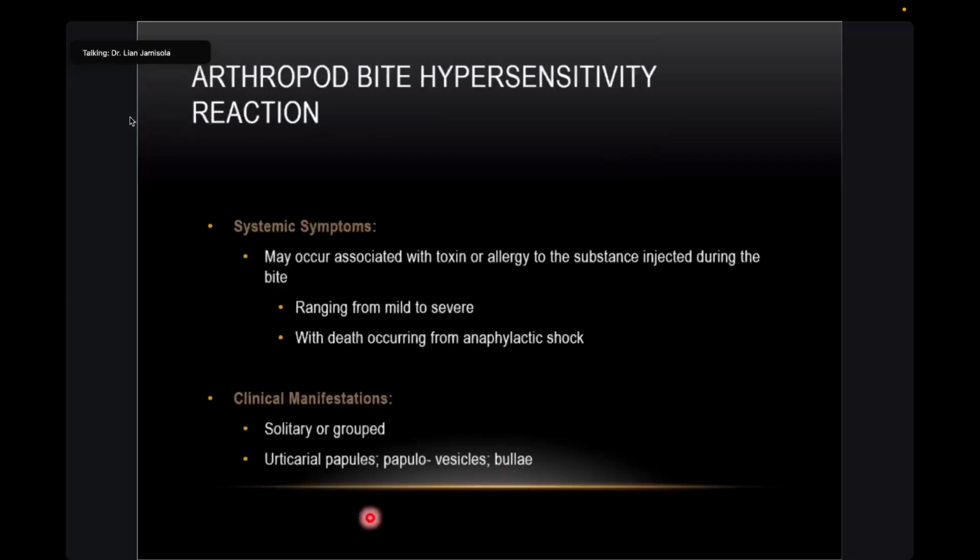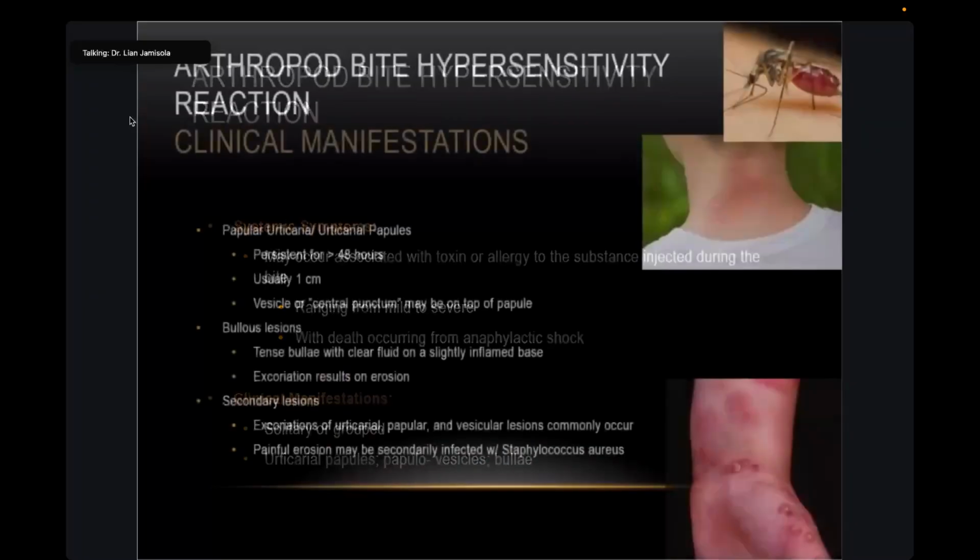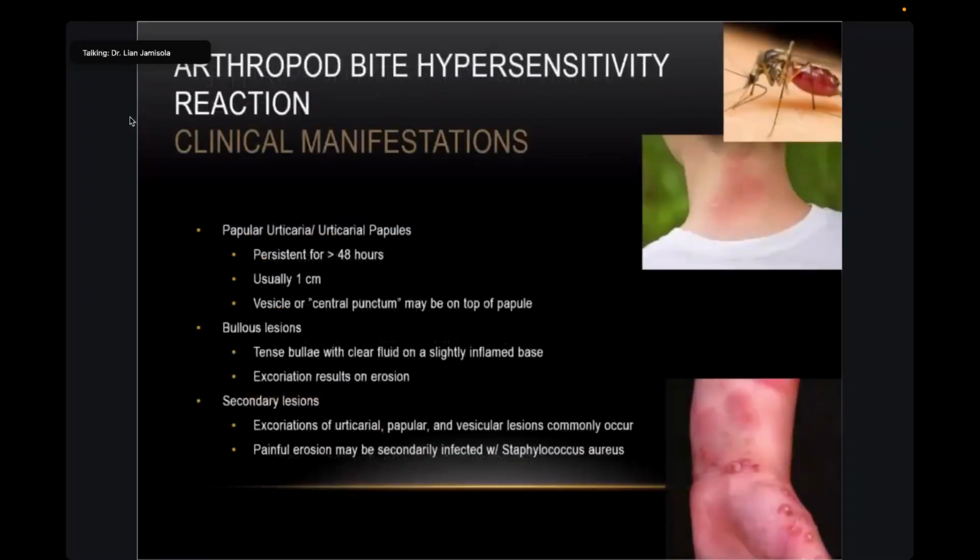Okay. Manifestation can be solitary or group, depende, no? Kung gaano karaming bite yung nagawa sa inyo. So it can present as urticarial papules, eventually can be vesicles, and in some cases can present as bullae. Okay, like for example, here, papular urticaria, yan, these are vesicles and can be large to become bullae.